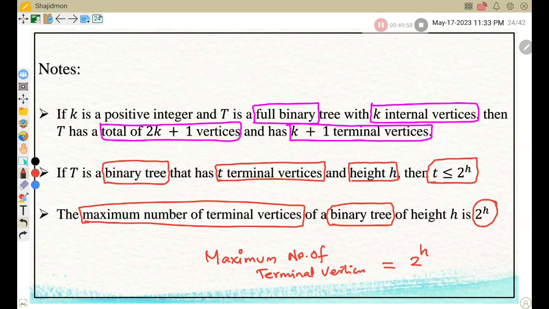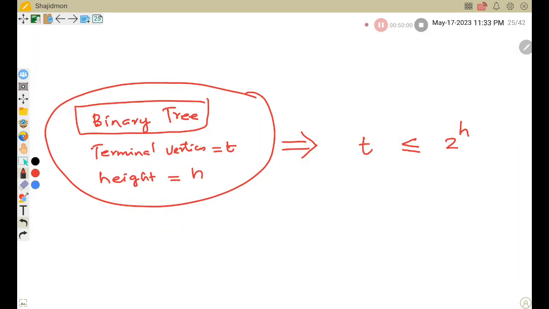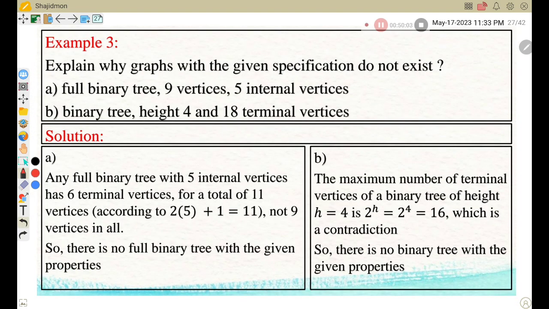This point also can come as a multiple choice question. So keep in your mind this very important point when we are doing questions. Now let me do some examples here.